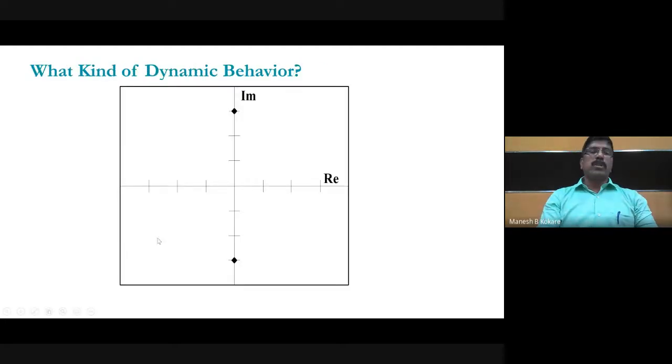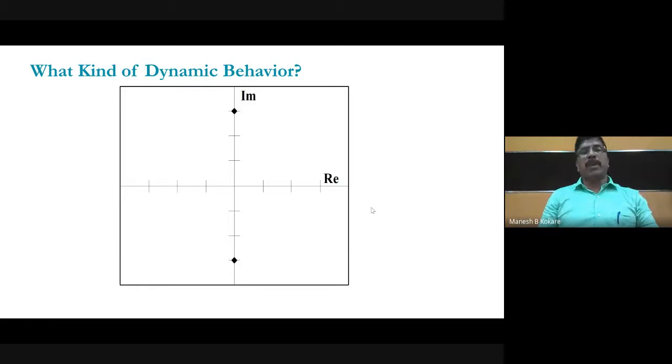Now if poles are lying on the imaginary axis, you will get a sinusoidal output, but it will neither increase nor decrease in amplitude. Your output will have constant amplitude. It will not reach infinity or zero.